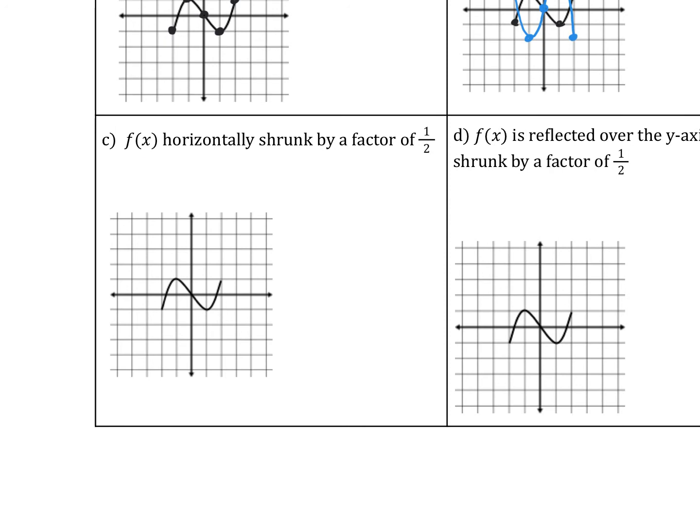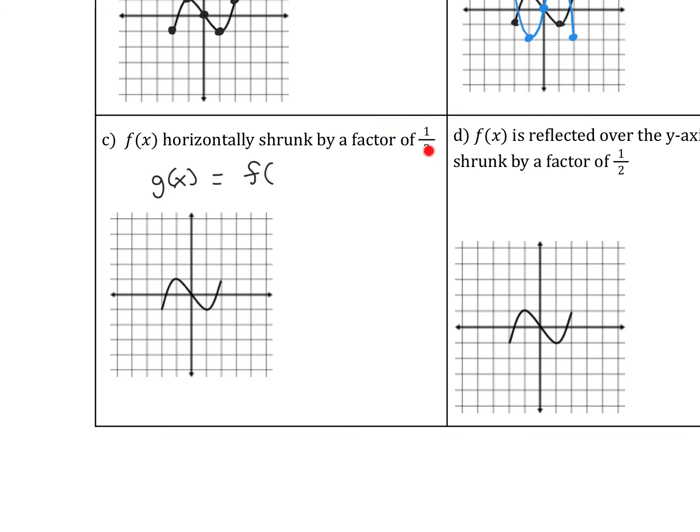Let's look at this next one. F of x is horizontally shrunk by a factor of 1/2. So this is a tricky one. So our new function g of x. Since it's horizontal, we're going to be multiplying our x. Specifically, we're going to group it with the x. And it is shrunk by a factor of 2, but when we write it, we're going to write the reciprocal of that.